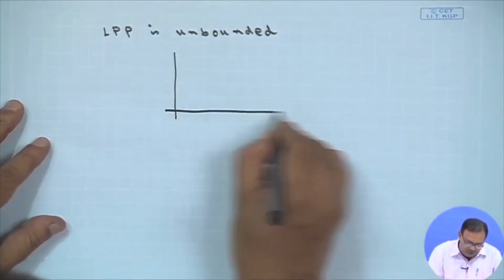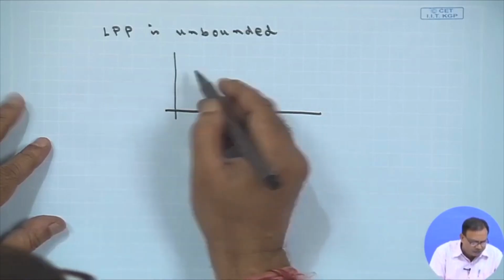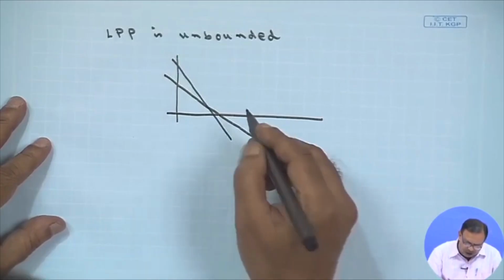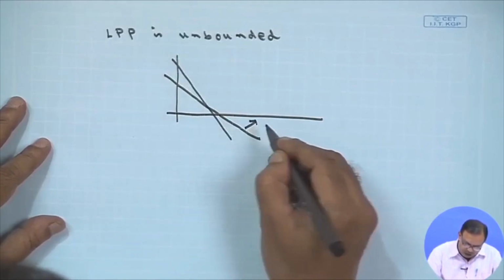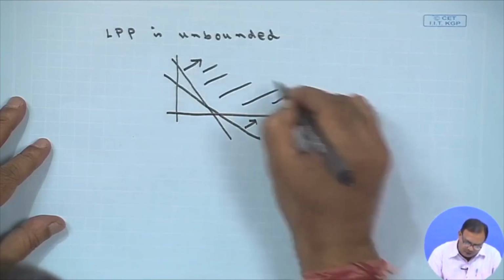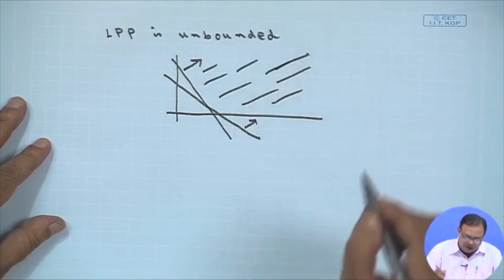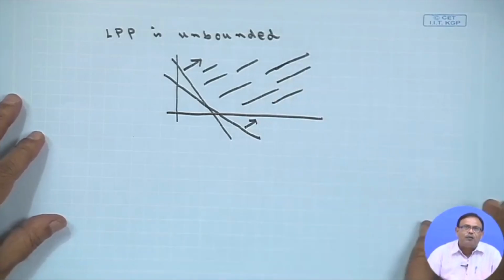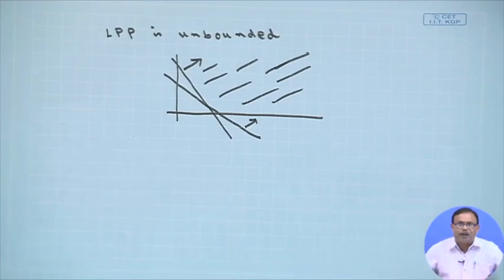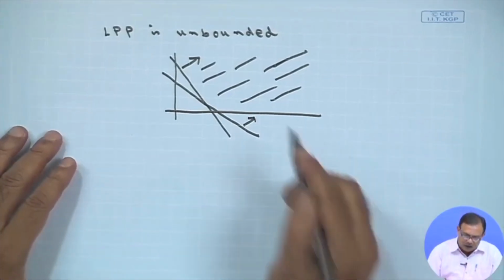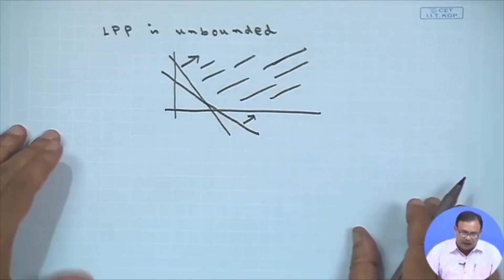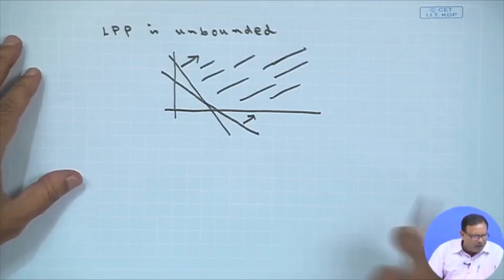That means, if I draw something like this and something like this, for both cases the direction is on the upper side. Therefore, the region will keep increasing as you increase the values of x1 and x2. So the feasible region extends indefinitely in the same direction, and then we say that the LPP is unbounded.